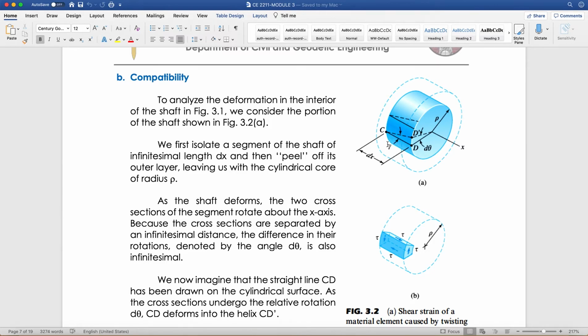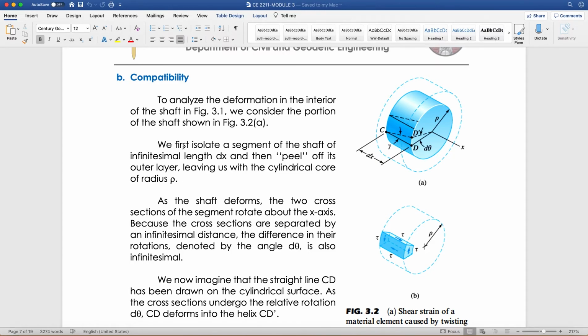At a thickness of ds, we have here the rho. The rho is the distance from the center to the point of application of the torque. And the change in the angle is d theta, from an original point D up to D prime.